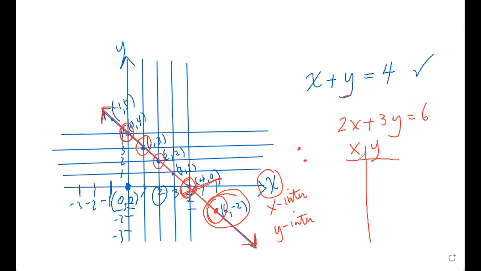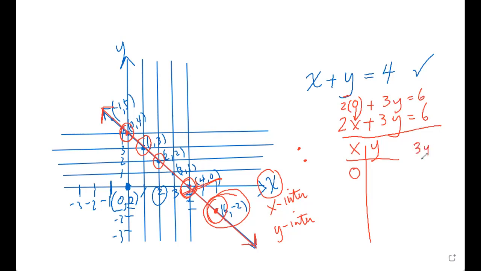I would suggest selecting 0, because 0 makes solving any equation very easy. For example, if I select x equal to 0, then 2 times x is going to be 0. So all you have to worry about is 3y equals 6.